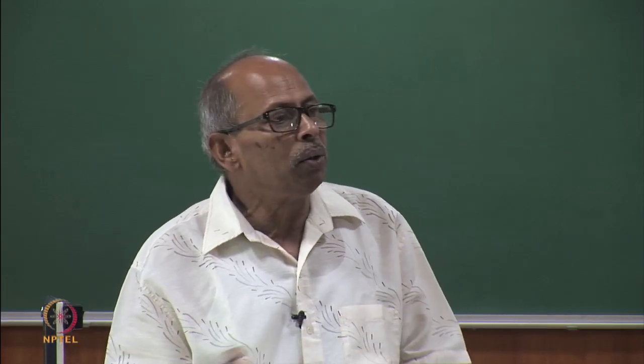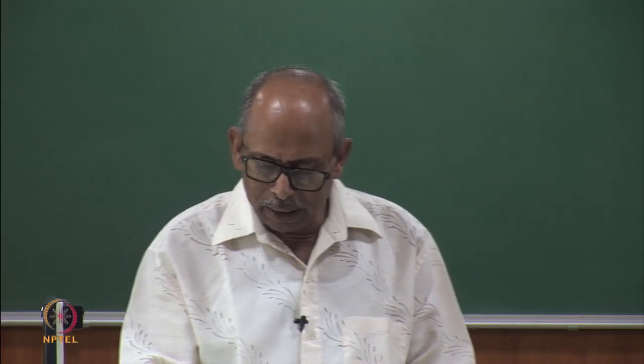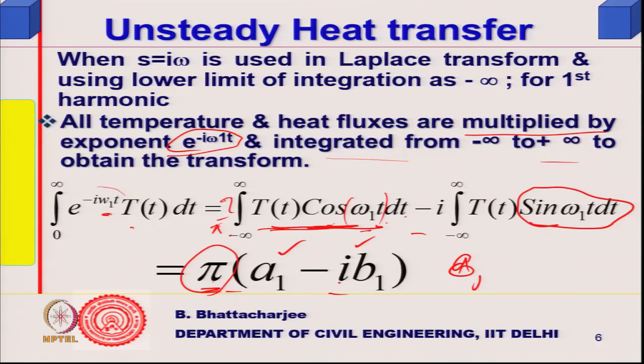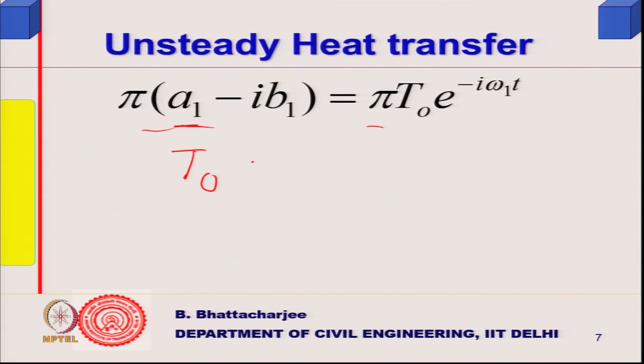So I now do not have to take an inverse Laplace transform or anything; simply instead I take e to the power i omega t. So I get something like this, and then this can be written as pi T0 e to the power i omega t. I can write a_1 in terms of T0 as T0 cos omega t and b_1 as T0 sin omega t, right.